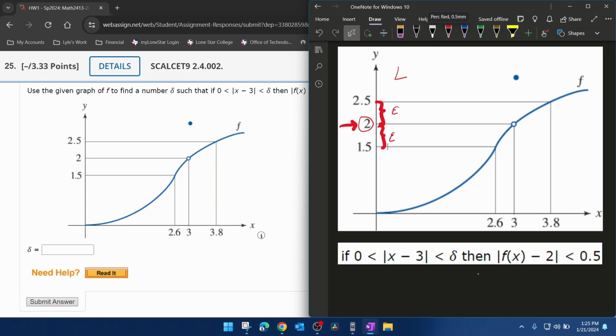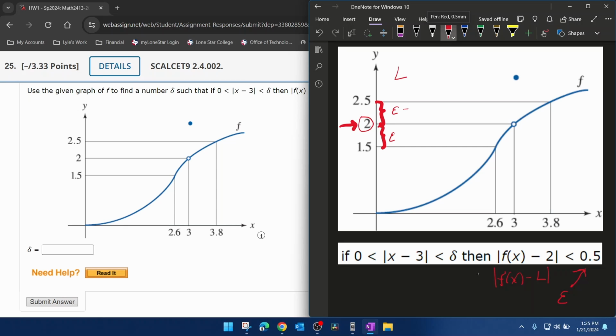Now, we know what epsilon is because that's our number down here. The distance from f of x to L, the absolute value of f of x minus L, is the distance away from L. And so that indicates that our epsilon is 0.05.